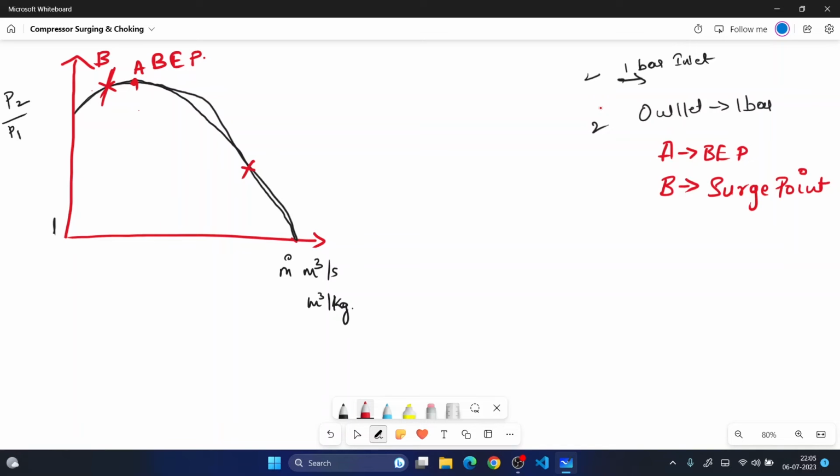So the pressure ratio gradually reduces. We will understand why the pressure ratio decreases, and we will get a point beyond which we cannot operate. Say this is the point C, the point beyond which we cannot operate, and this is called choking.